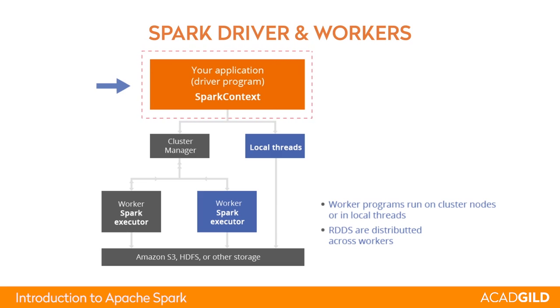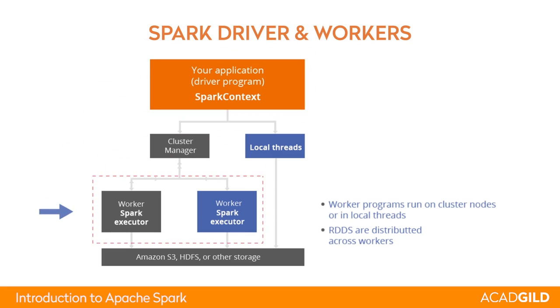The Spark tasks are performed in parallel across multiple machines called worker machines. For local development, you can have a local thread running on the same machine where your Spark context is.